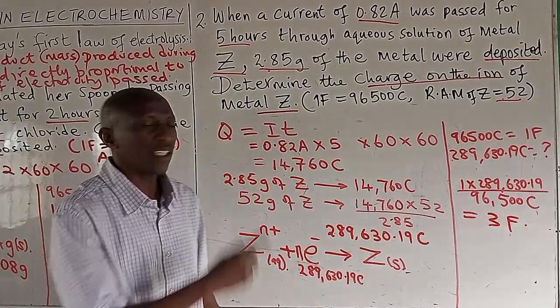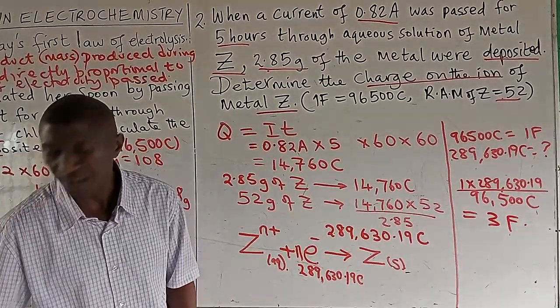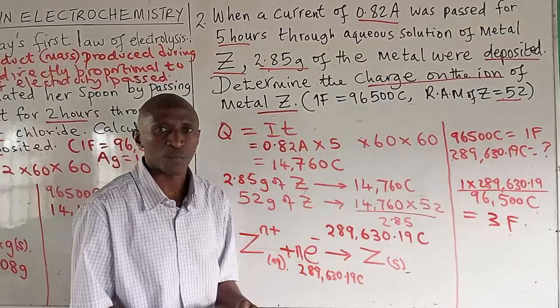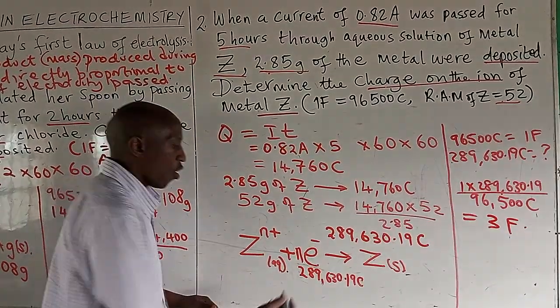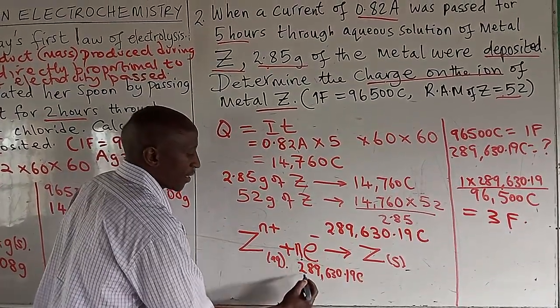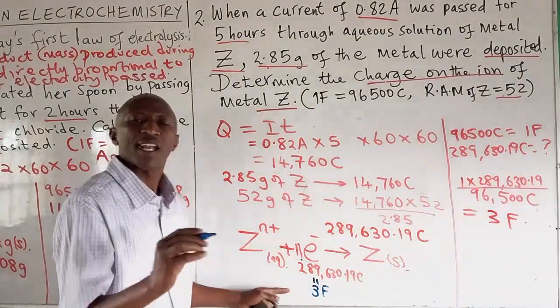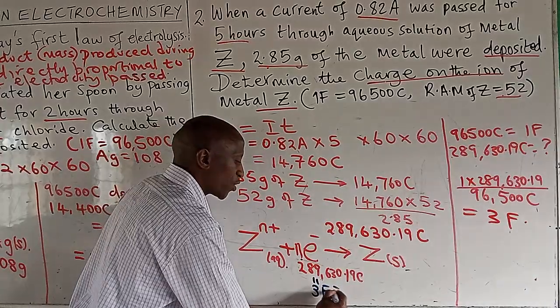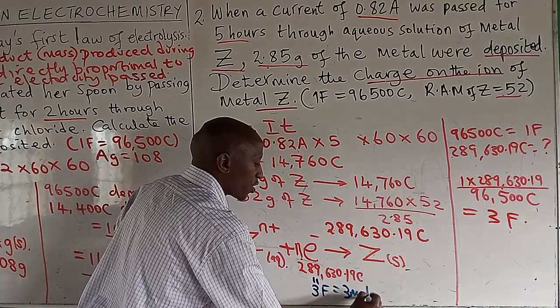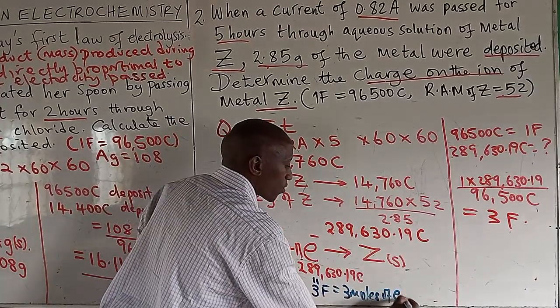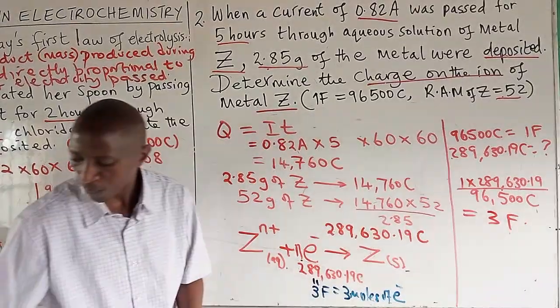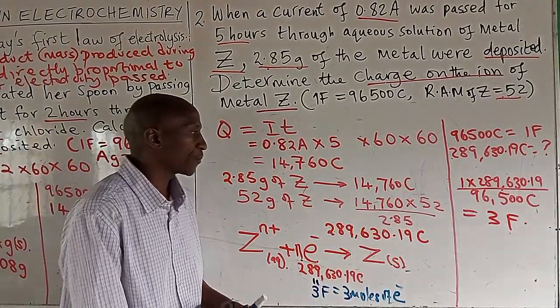3 Faradays. What is the significance of that value? It means that all this charge n is equivalent to 3 Faradays. And 3 Faradays is equivalent to 3 moles of electrons. And what does that mean?